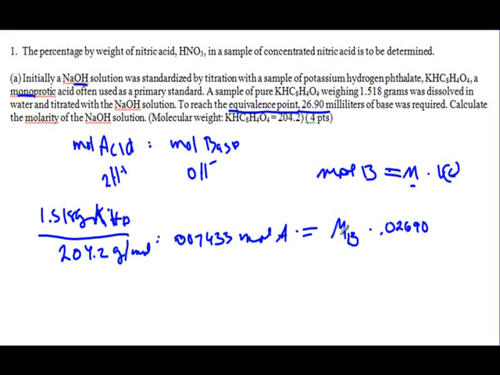And so to get the molarity of the base, it's simply going to be 0.007433 moles over 0.02690 liters. This gives me a molarity of 0.2763 molar. And I want 4 sig figs. I have 4 sig figs here, and I have 4 sig figs here, so I should have 4 sig figs here.